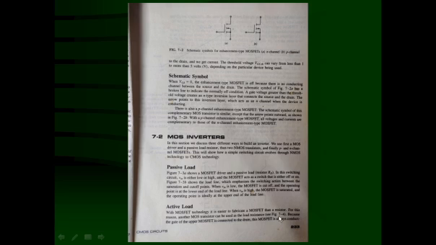We see in figure 7.4 that the gate of the upper MOSFET is connected to the drain. This MOSFET is always conducting. This is the second type of inverter. Both are N-channel MOSFETs only. This MOSFET is known as the driver MOSFET, and this MOSFET is known as the load MOSFET.